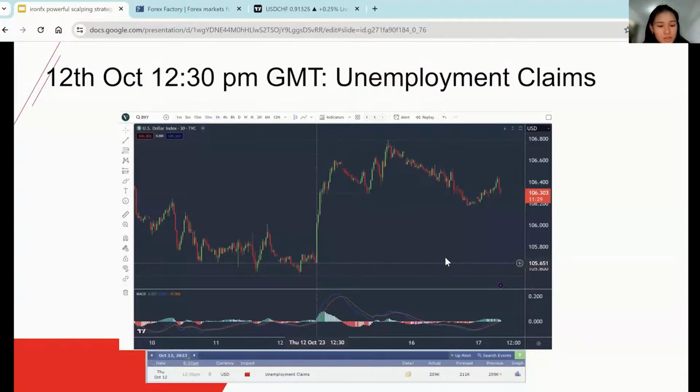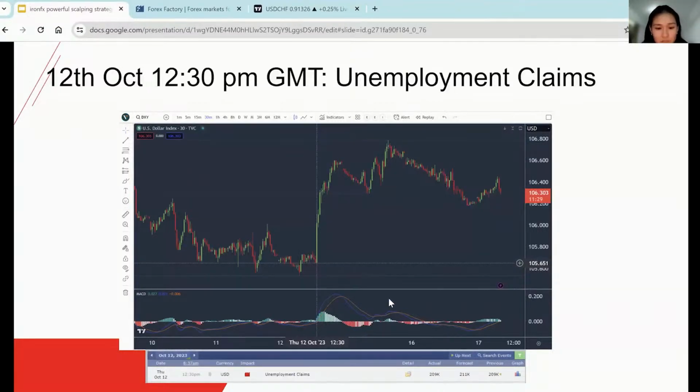Okay, so if we look at unemployment claims again, this is on our US dollar index, and with prices increasing at once prices were released at 12:30 p.m. GMT, the actual data was lower than the forecasted 211K, and the actual data was 209K.